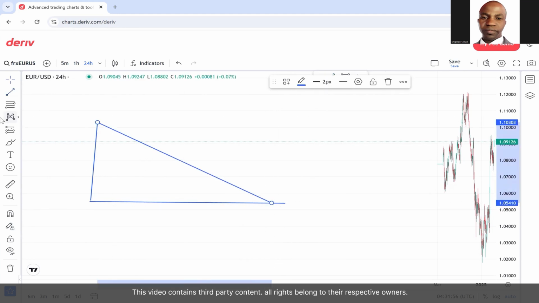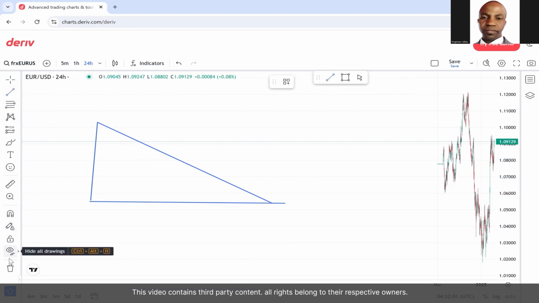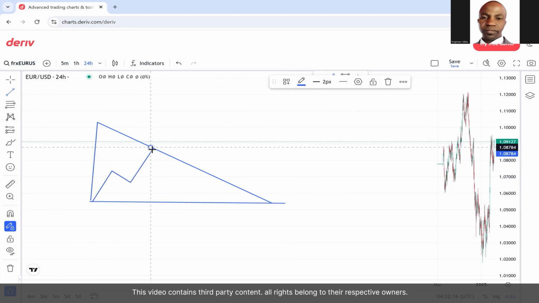You see the market moving inside a particular triangular pattern where the price goes like this.